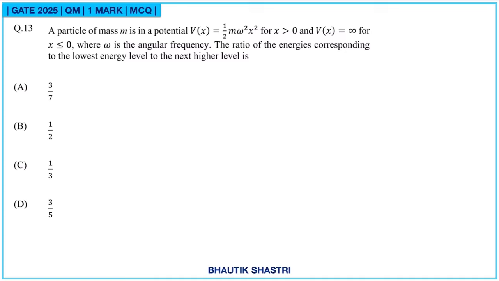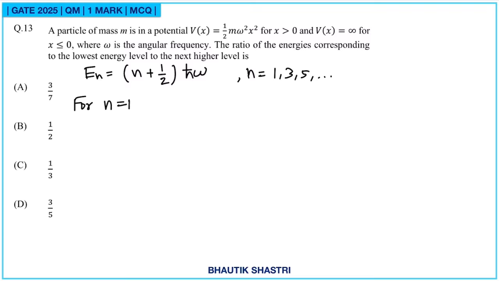So this is a half harmonic oscillator and corresponding energy levels En are given by this expression. En is equal to (n plus half) h cut omega, where n takes only odd values 1, 3, 5 and so on. So the lowest energy level is for n is equal to 1.